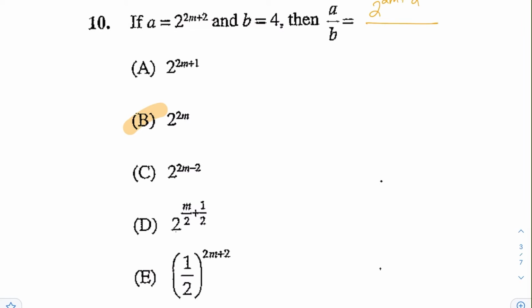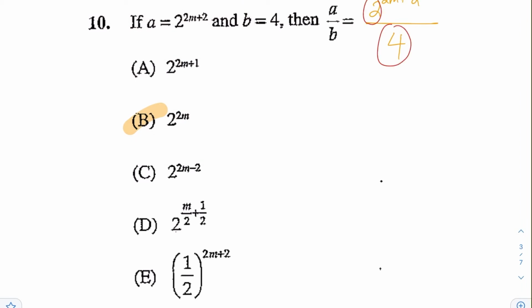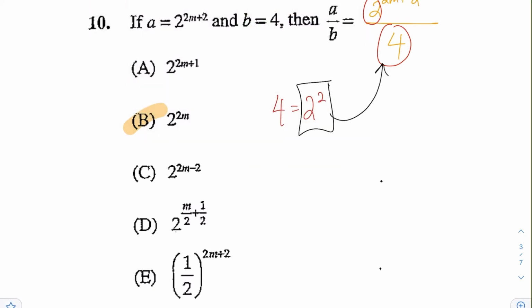And the denominator is equal to 4. Now, it looks like we can't really do anything, but we actually have to turn these bases the same. So we know that 4 can be rewritten as 2 squared. So once we put in 2 squared into the denominator, you get 2 raised to the 2m plus 2 divided by 2 squared.